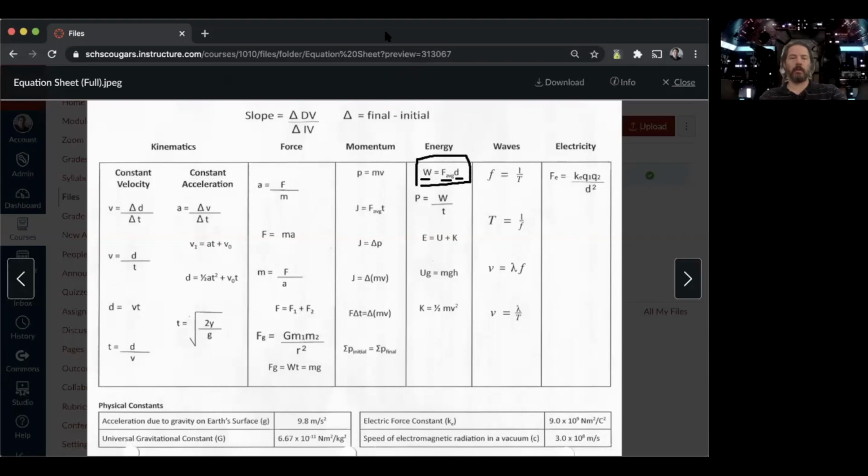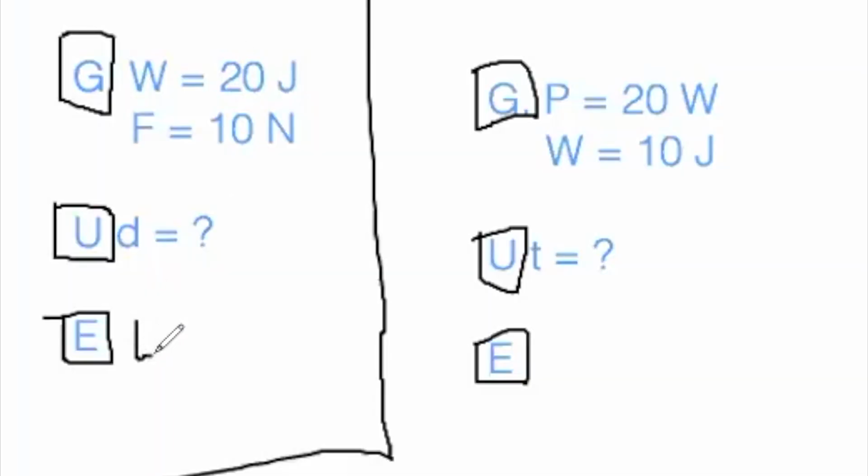Okay, so let's switch back to our problem here. So I've got work equals force times distance, because I got distance, force, and work. So I have to look at this little table. This is why I make you make the table, so that you can look up here at the table and figure out which equation to use.